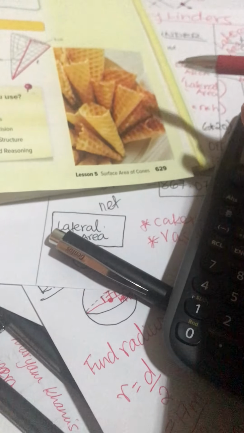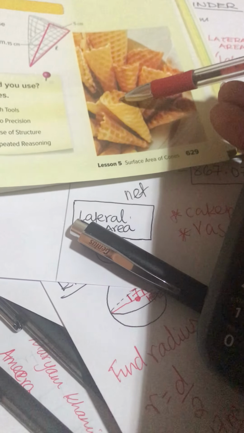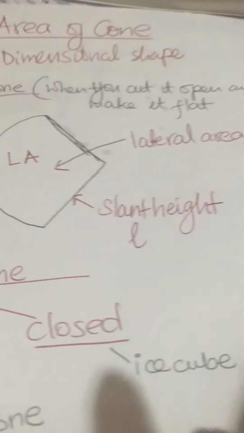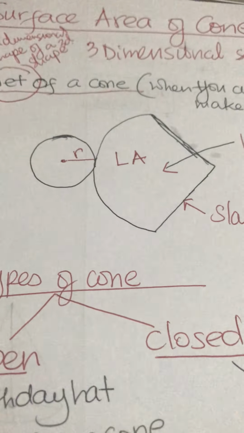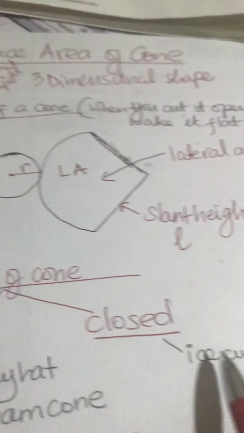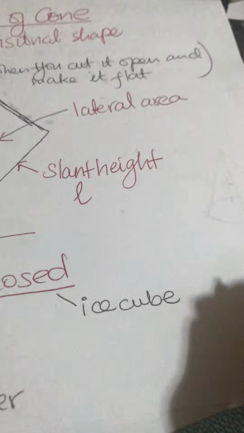See? Ice cream cone. See, it is open. You need to put things inside here. Popcorn container. It looks like this, and you put popcorn when you go to the movie. And ice cube, when you put water and freeze, you cannot put your finger inside, so the ice cube looks like a cone. Okay?